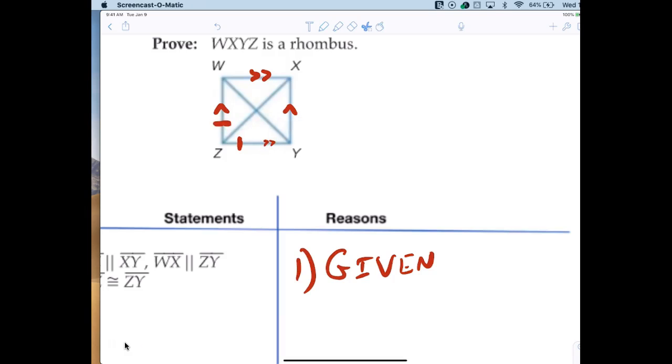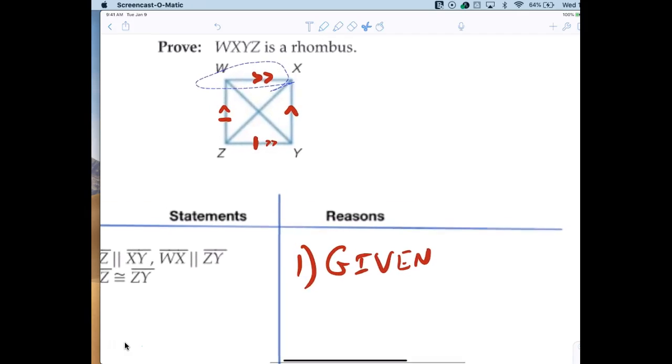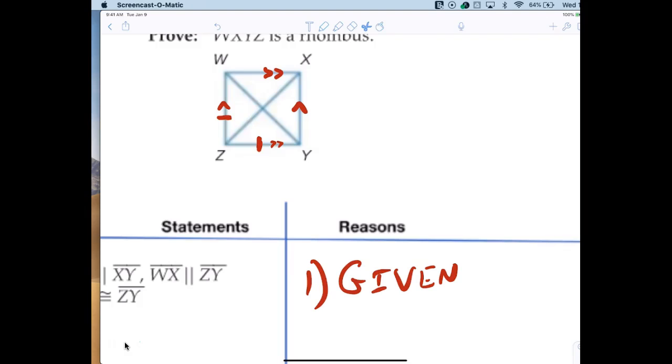Right, that's parallel. The reason I'm moving that down is because it's kind of in the way. All right, can everybody see that now? Come on, someone tell me. What do we want to do to prove this is a rhombus? All right, Jackson, what?